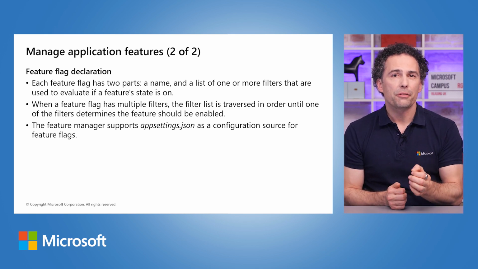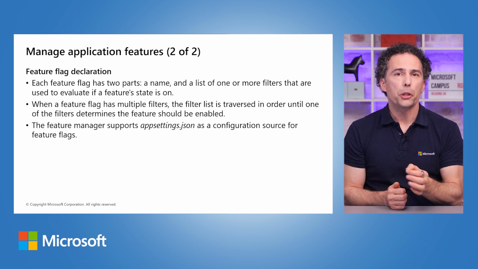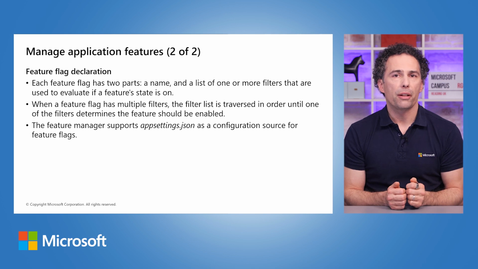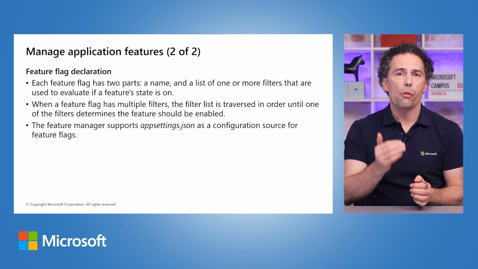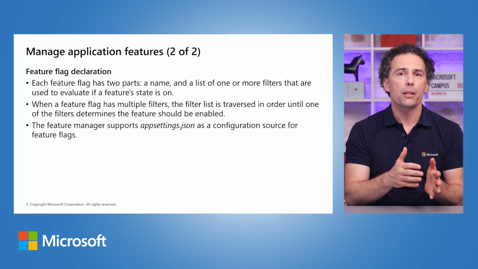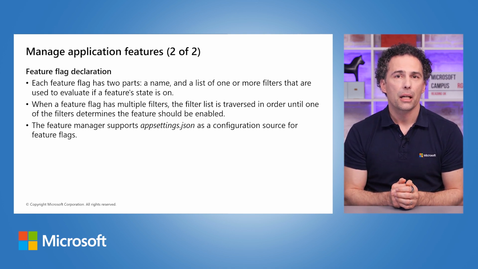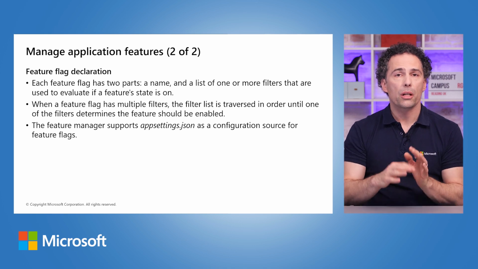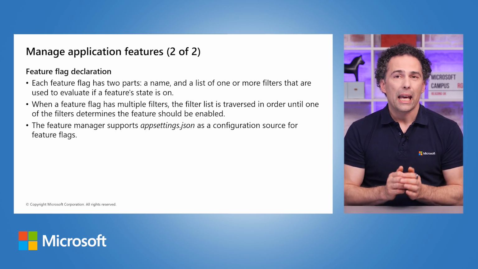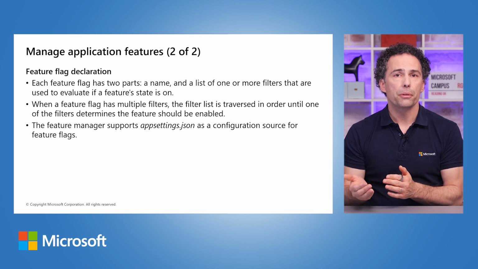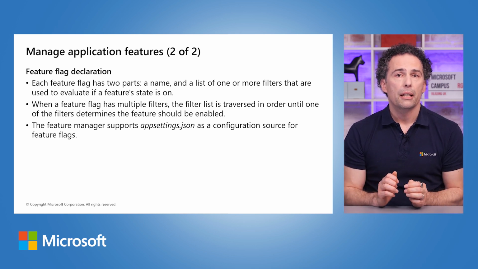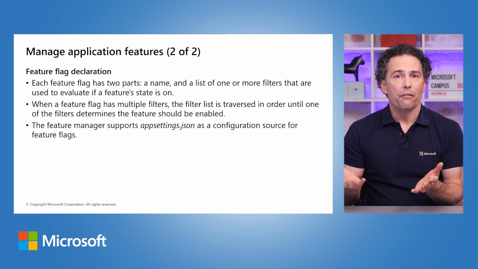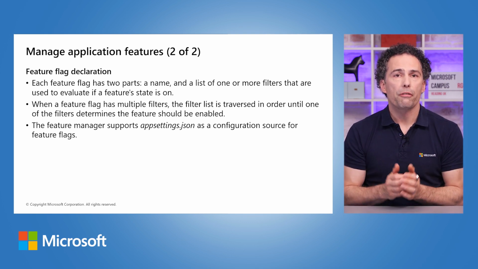A filter specifies a condition for when a feature should be turned on. If a feature flag has multiple filters, the filter list is gone through in order until one of the filters enables the feature. Then the feature flag is on, and the rest of the filter results are ignored. If none of the filters enable the feature, the flag is off.